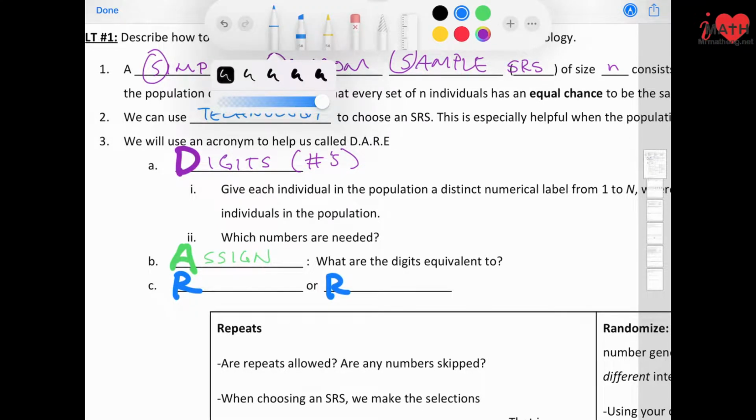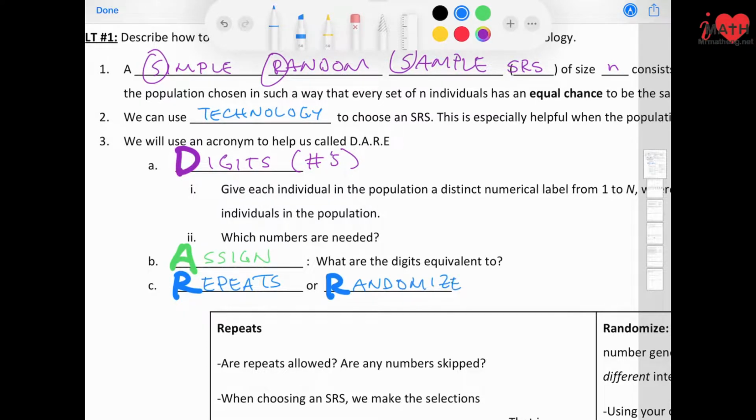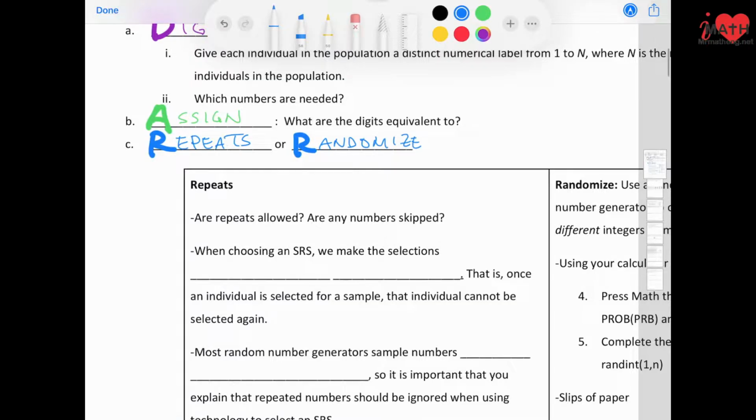What do you do about repeats? And how do you randomize? For repeats, the question is going to be, are repeats allowed? Are any numbers skipped?